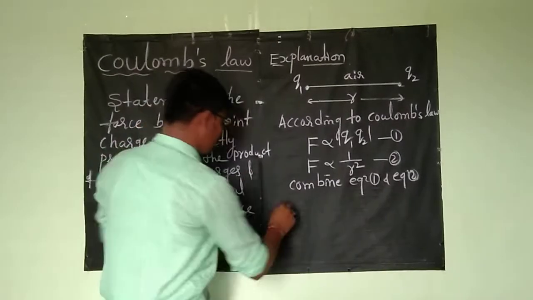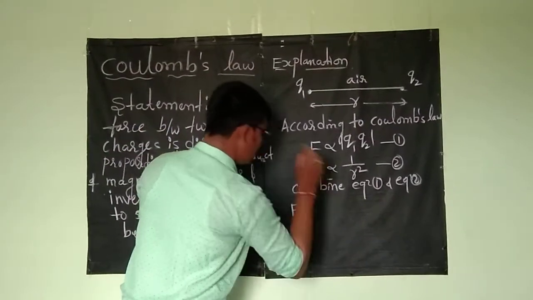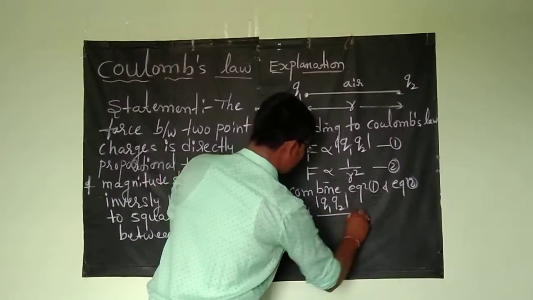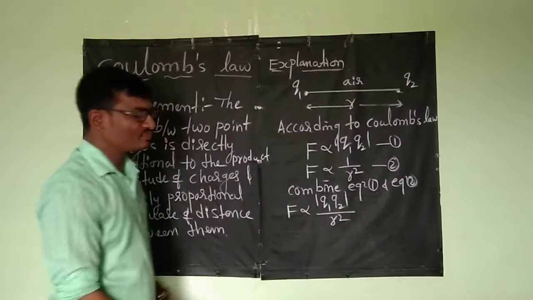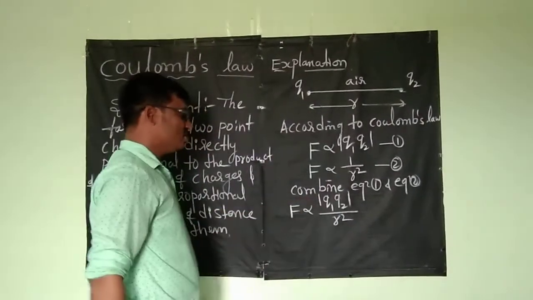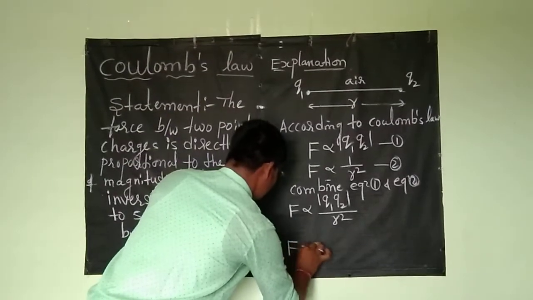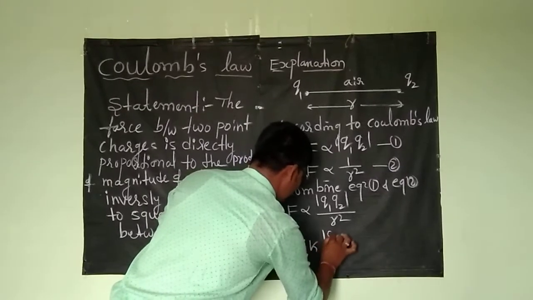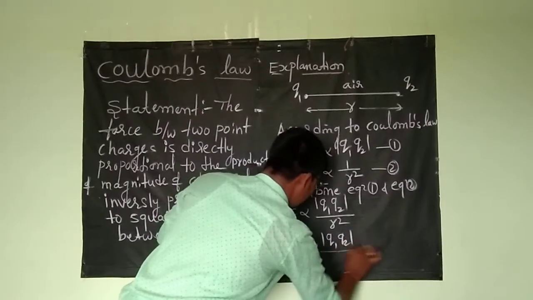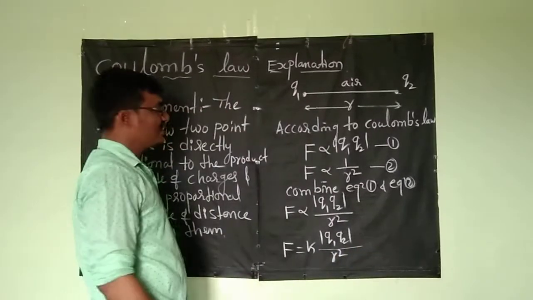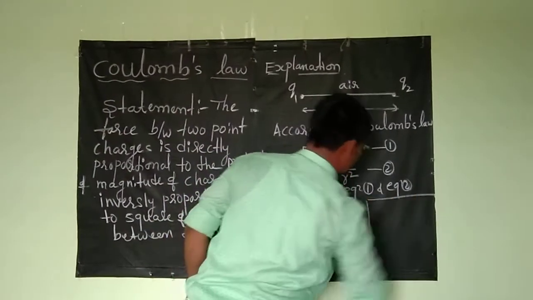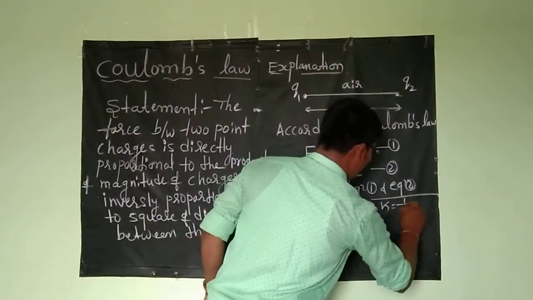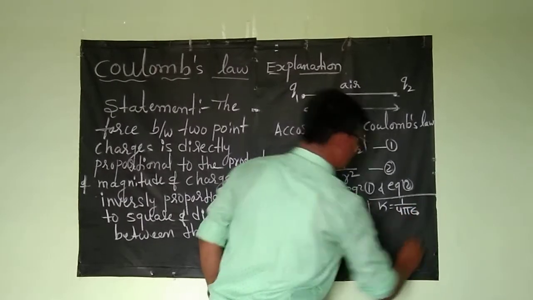Then the equation becomes: F is directly proportional to the product of charges q1 and q2 divided by r square. Here one proportionality constant is introduced, that is F is equal to k q1 q2 divided by r square, where k value is 1 divided by 4 pi epsilon naught.